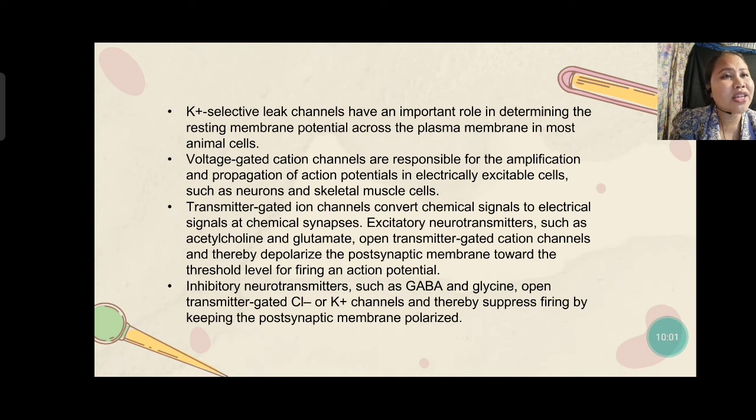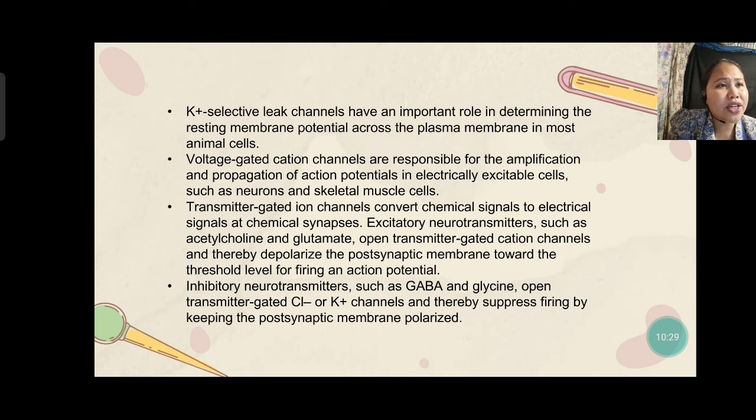Transmitter-gated ion channels convert chemical signals to electrical signals at chemical synapses, and excitatory neurotransmitters such as acetylcholine and glutamate open transmitter-gated cation channels and thereby depolarize the postsynaptic membrane toward the threshold level for firing an action potential.